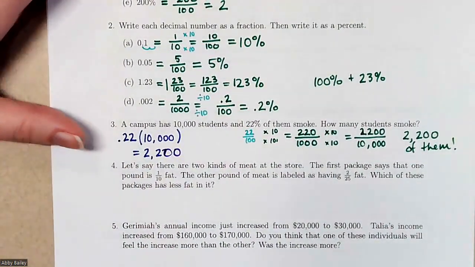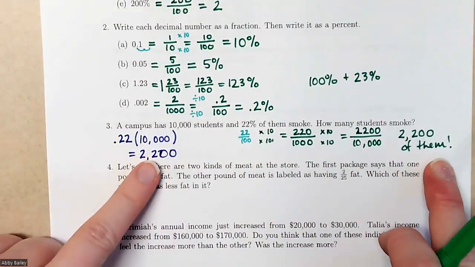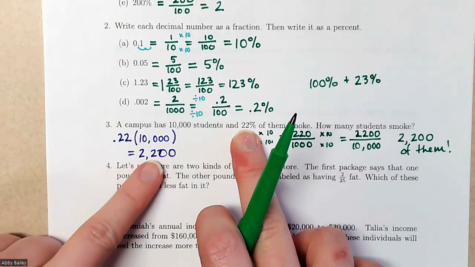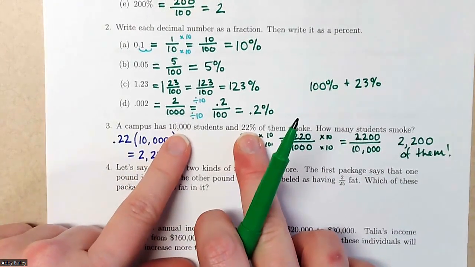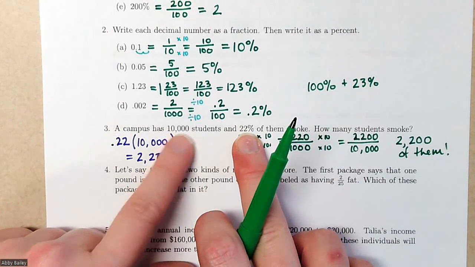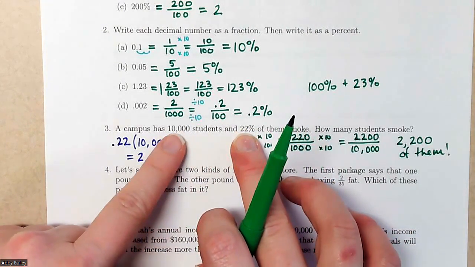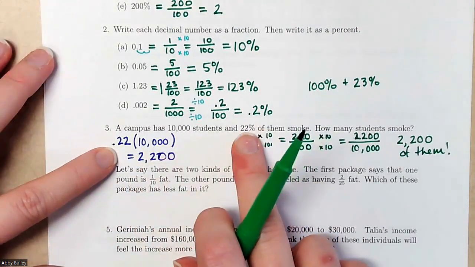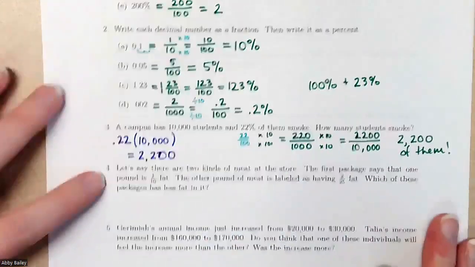Yeah. So it is nice. This was using equivalent fractions. This was using multiplication, but I had to convert it into decimal form in order for that to work. Because if you did 22 times 10,000, well, that would be 220,000 students, but there's only 10,000 students. So there's not even enough students for that to even happen. So you need to make sure that when you're doing a multiplication, you convert it into the decimal form first.